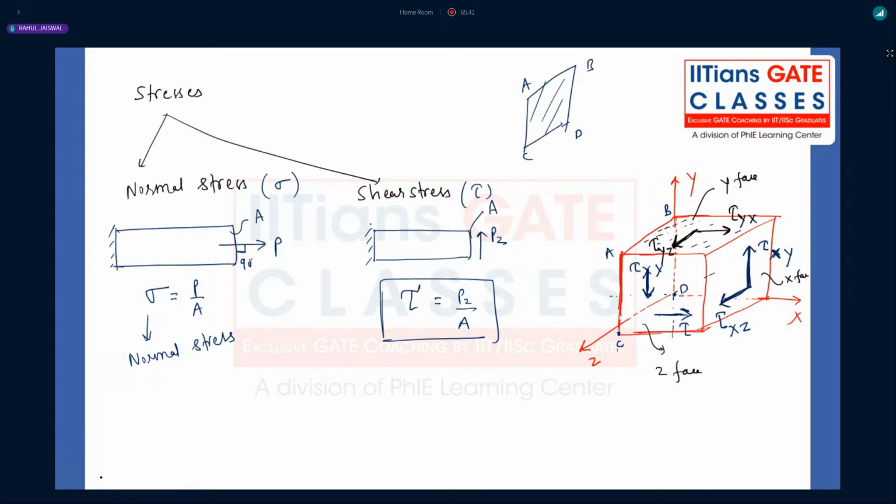When you apply the parallel shear stress like this, then what can we write? It is acting on a negative x phase, right? In which direction? Y direction. So ultimately, when you write it, it will be written as minus tau xy, that particular value. Getting my point?